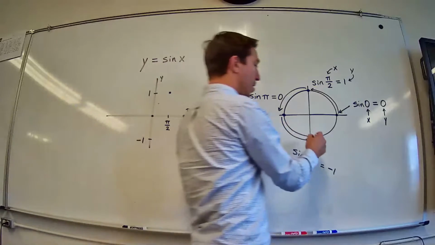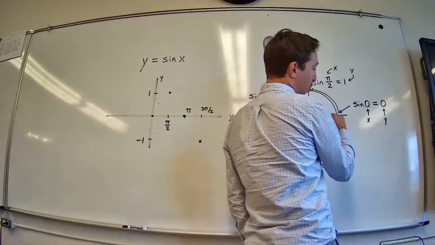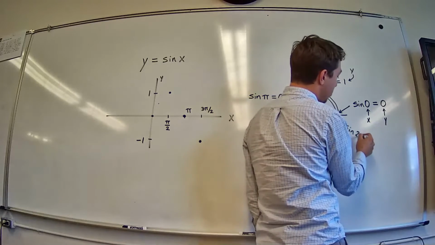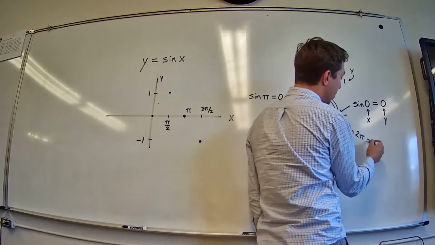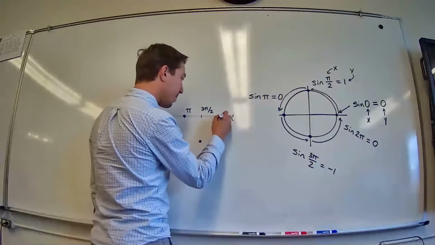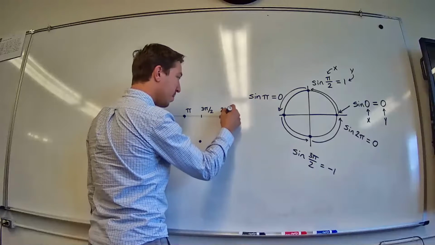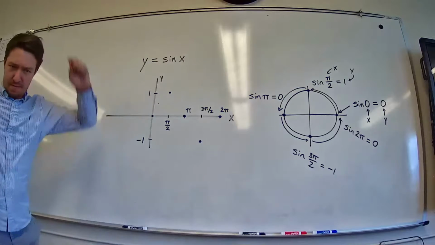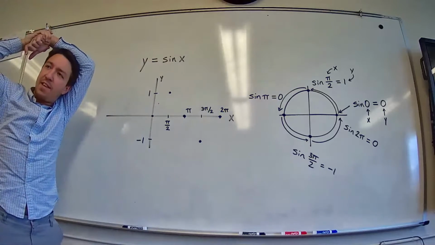And then let's come back to where we started. So this point could have also been described as the sine of 2 pi equaling 0. So 2 pi gets me 0.